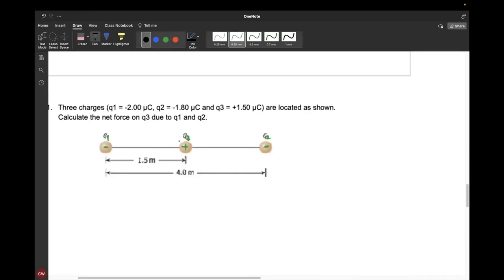So Q3 will be attracted by Q1, so this is force number 1. There's also a force of attraction: Q2 will attract Q3. This one is positive, so these two forces are in opposite directions, so you need to subtract. The force due to Q1 is k Q1 Q3 over r squared.